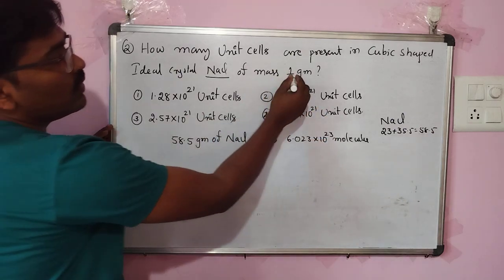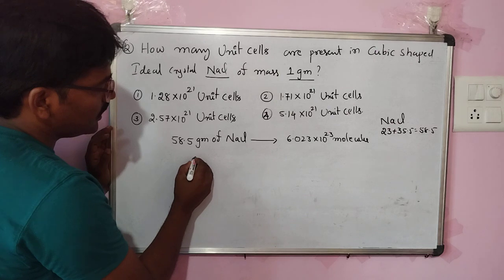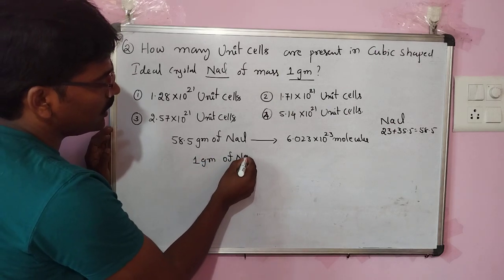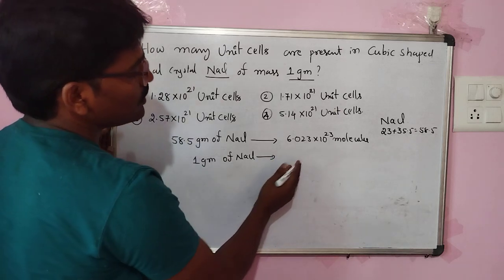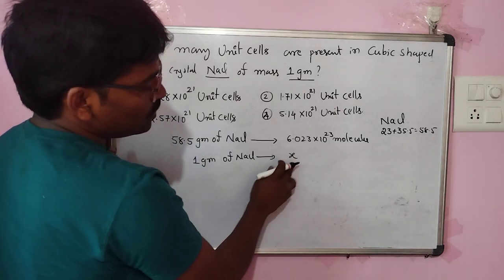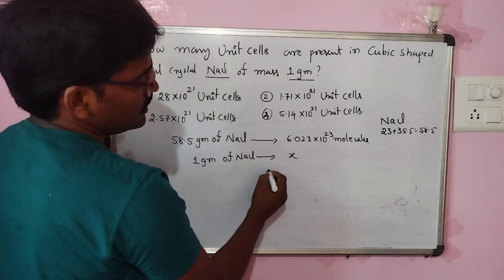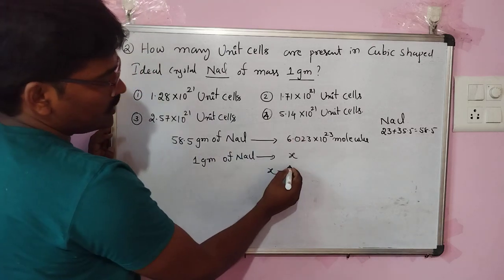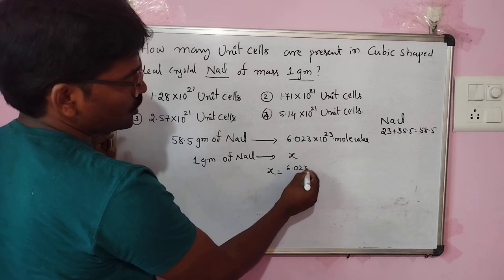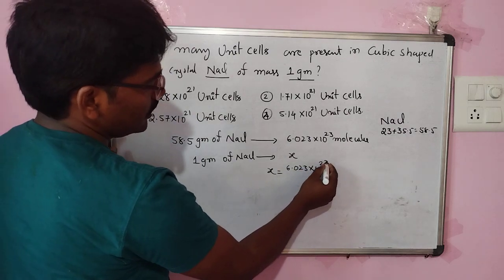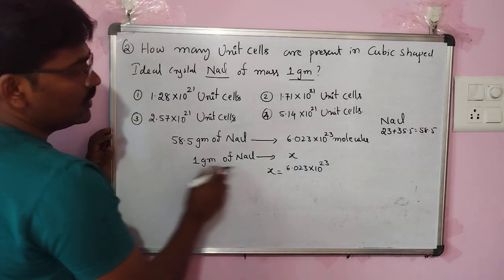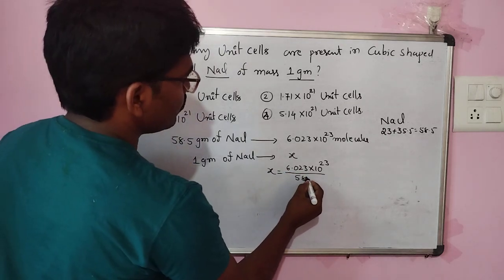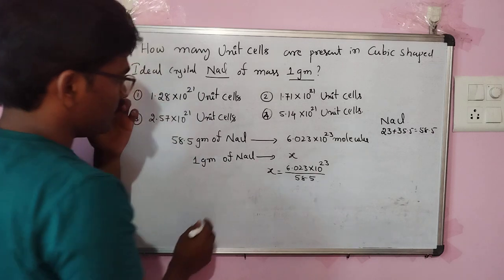Here they have given 1 gram of NaCl. So if you take 1 gram of NaCl, how many molecules are there? You have to do cross multiplication. So x equals 6.023 into 10 to the power of 23 into 1, divided by 58.5 grams.